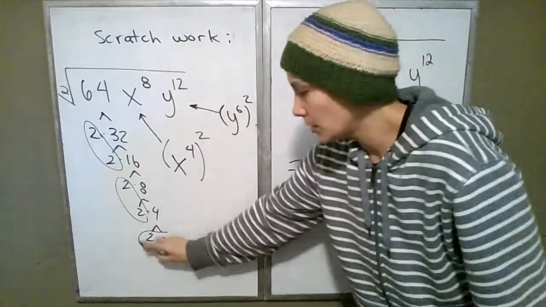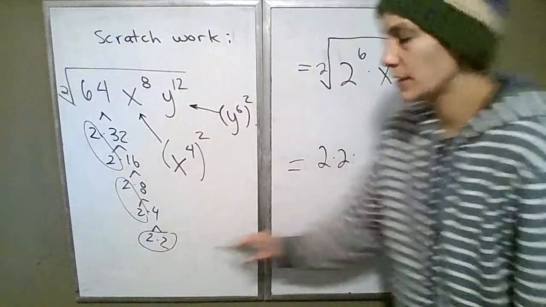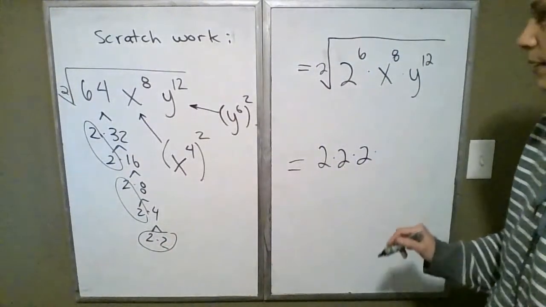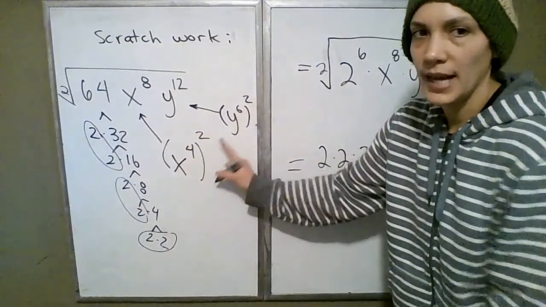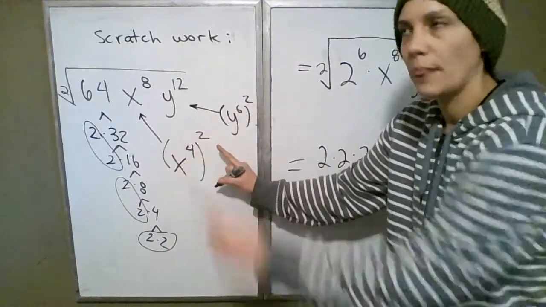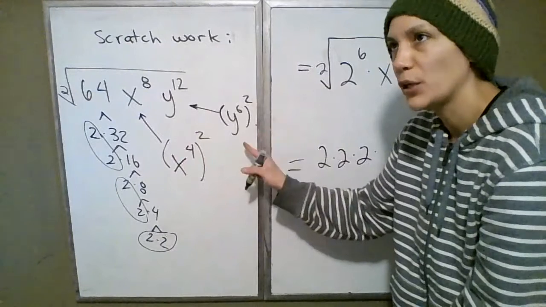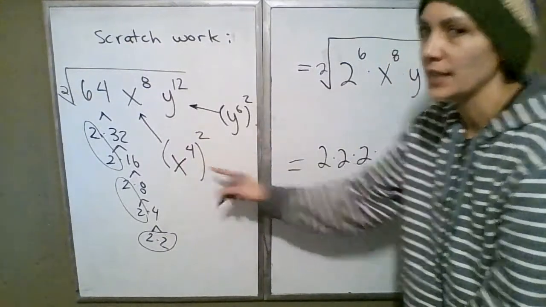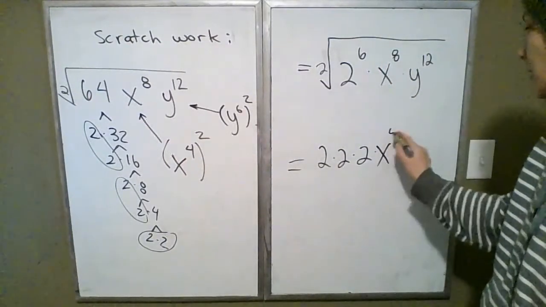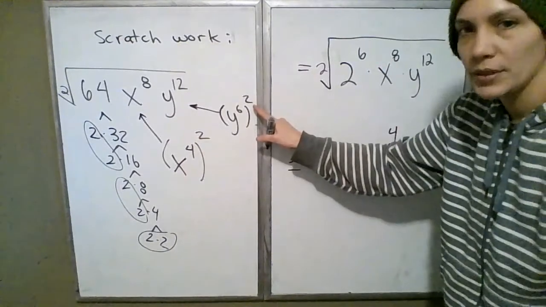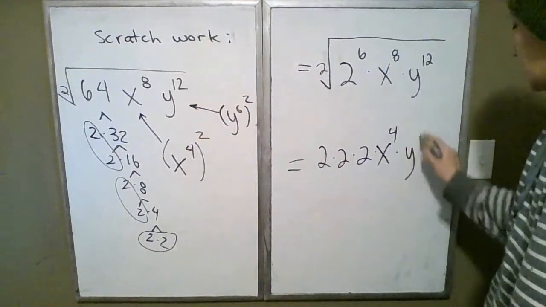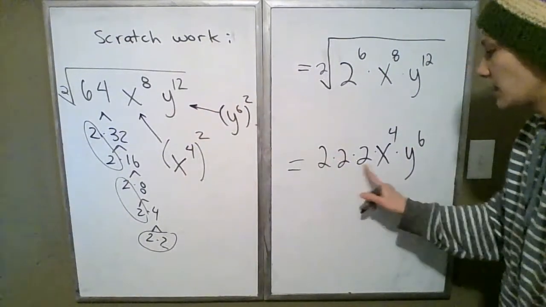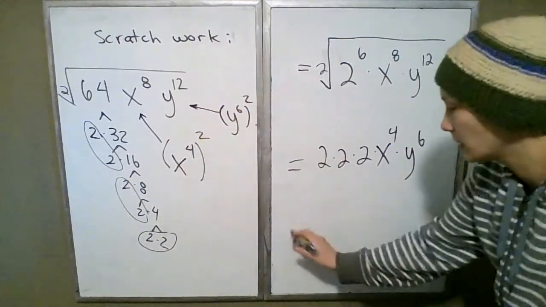Then there's another 2 2's, so we bring out that factor. And I already did this part where I have the matching root and power. So x to the fourth is left over. Same here, that power 2 matches the root 2, and I get y to the sixth. And 2 times 2 times 2 would be 8.